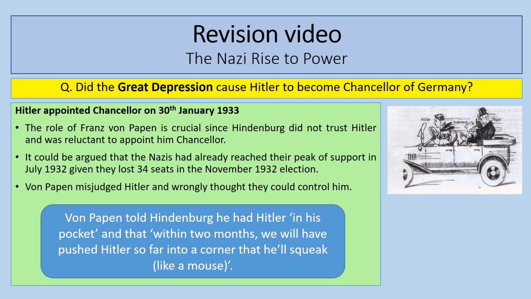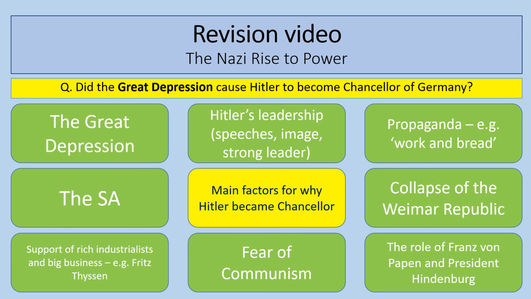But obviously this is a really important factor to be aware of, the role of Franz von Papen in Hitler becoming Chancellor. So these are some of the main factors for you to be aware of, and the main reasons for why Hitler became Chancellor. So it's a good idea in any kind of question that will come up on this, for you to have some key evidence for all of these different factors: the Great Depression, Hitler's leadership, the fact that he made speeches, his image, strong leader, the propaganda of the work and bread, the violence of the SA, intimidated people to support the Nazis, made the Nazis look as though they were tough on communism.